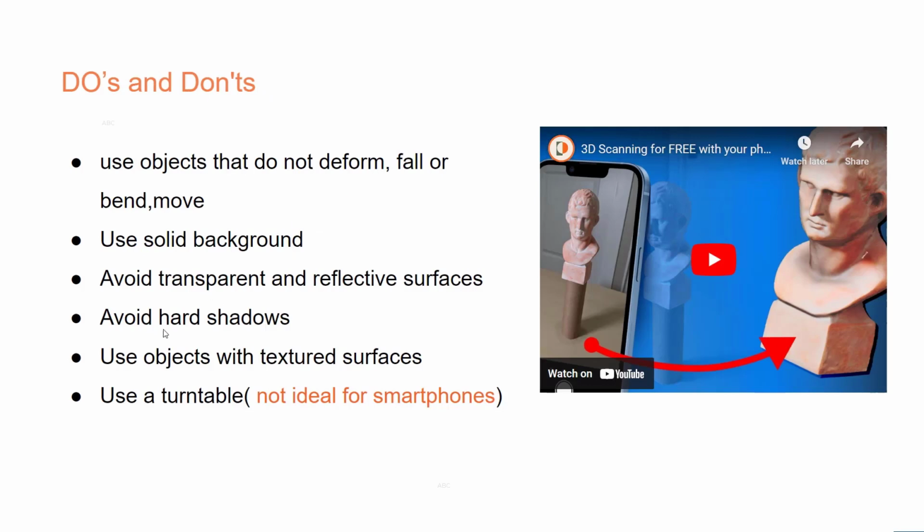And then you should avoid harsh shadows. Your objects should be in a well lit environment. The lighting should be enough so that you don't have harsh shadows, because the applications find it difficult to get the calculations or the desired outcome when there are hard shadows, like a cast shadow on the object, on the background or on the table.